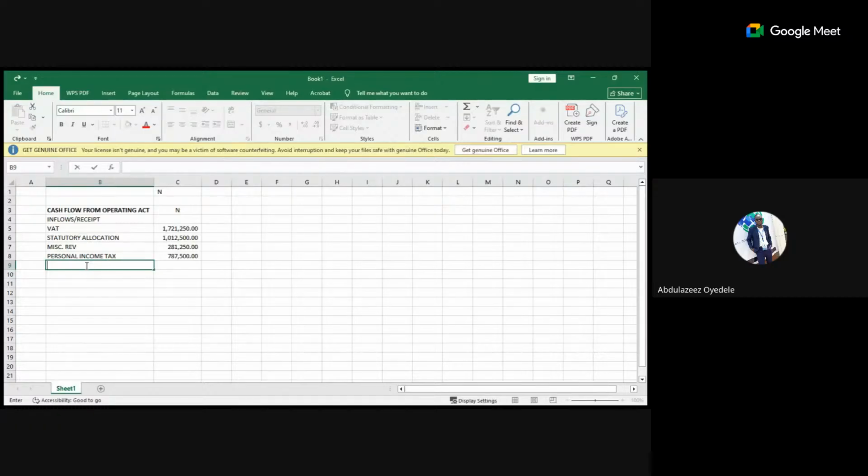So as I was saying, the item that we are seeing there is not a payment, it's a receipt. Now let me explain why it is a receipt.